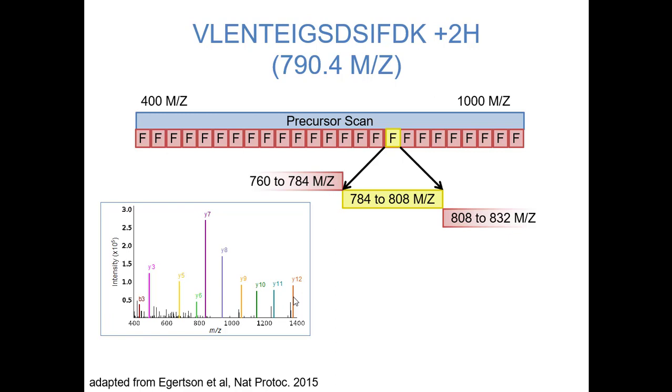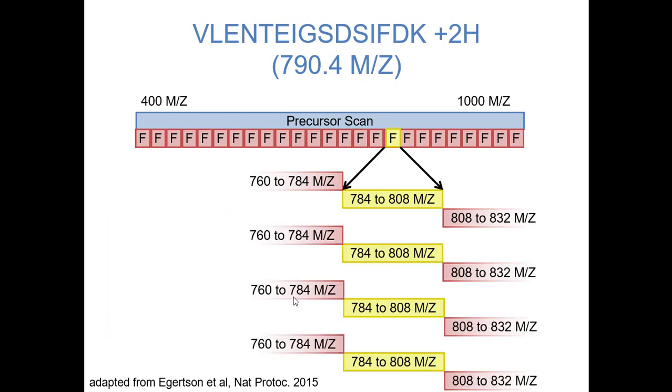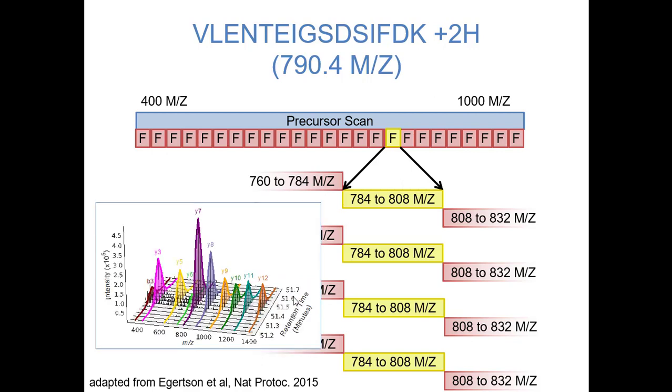And you'll see the normal b and y ions that you would typically see with DDA. But the big advantage here is that because you're acquiring these repeated one after another, you end up with this sort of trace, where you see repeated scans one after another, and you can actually see the peptide rise and fall out of the background noise.